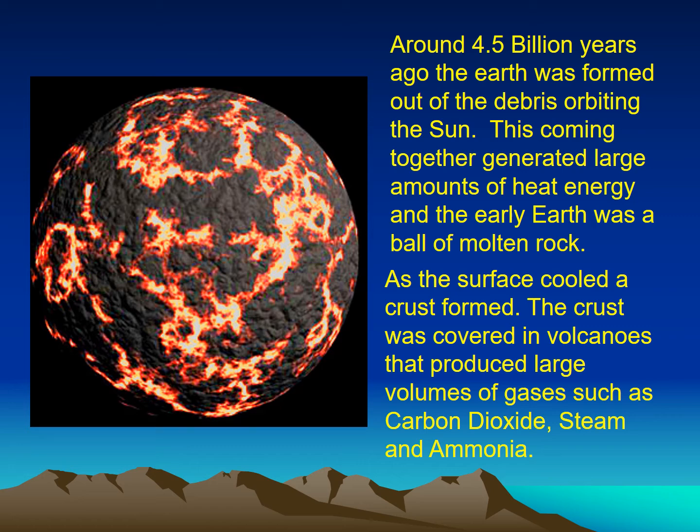So as it started to cool, these volcanoes formed and started pumping these gases into the atmosphere. And then because of gravity, these gases stayed near the Earth and formed the earliest form of an atmosphere. So the earliest form of an atmosphere was mainly filled with carbon dioxide, steam, and ammonia, made from volcanoes.